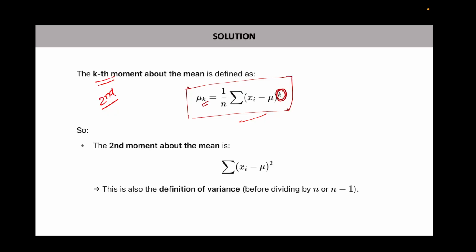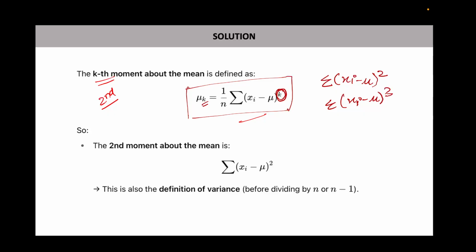Okay, so whatever your equation is, if you consider it in case of second moment, then your value will be summation of xi minus mean to the power 2. Okay, similarly, if it was asked about the third moment about the mean, then in that case the value that would have been changed was xi minus mean to the power 3.